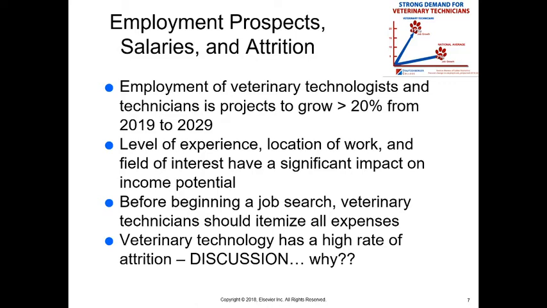So that's a huge job increase, where usually job growth is around 7%. Your level of experience, location where you work, if you work in Cincinnati versus Dayton, or New York City versus Dayton, your field of interest, they all have a significant impact on your income potential.